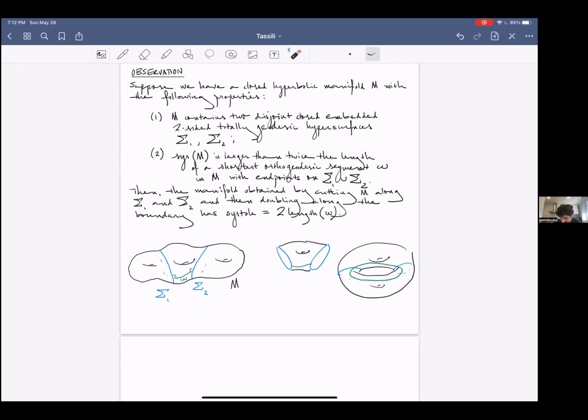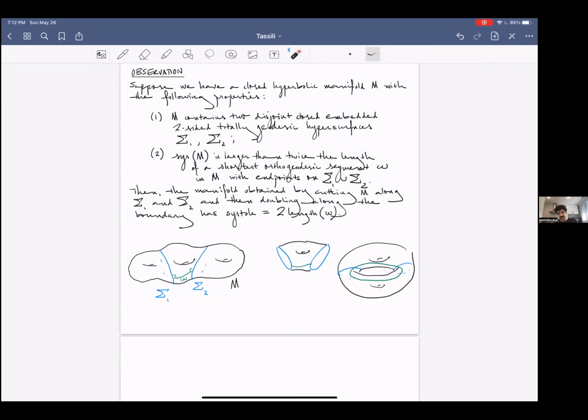If you take a closed geodesic in this manifold, if it doesn't cross blue, so it's remaining entirely on one side, then it might as well have been inside M. And so its length has to be large, right?